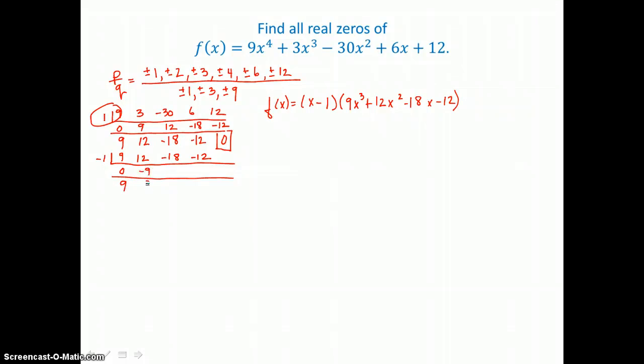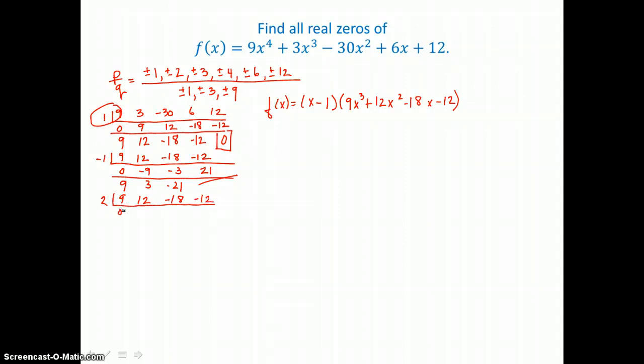I'll add and multiply. Negative 1 times 3 is negative 3. I'll add and get negative 21, and multiply and get positive 21. And I can see when I add, I'm not going to get a remainder of 0. So now I'm going to try 2 through those coefficients of 9, 12, negative 18, and negative 12.